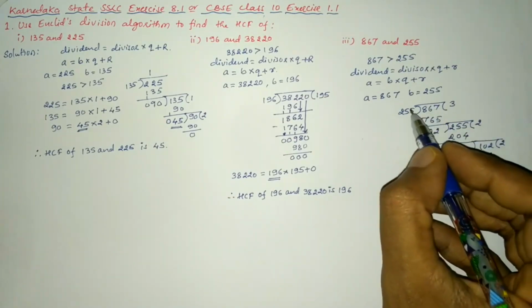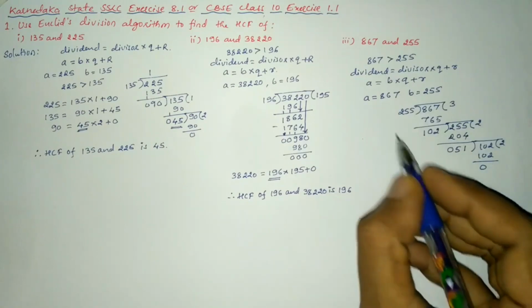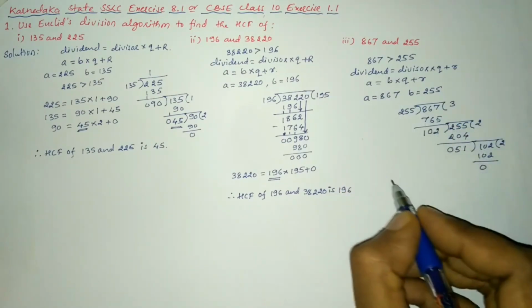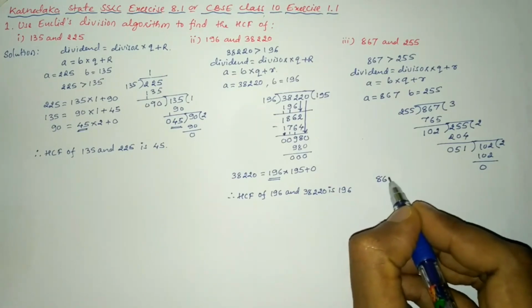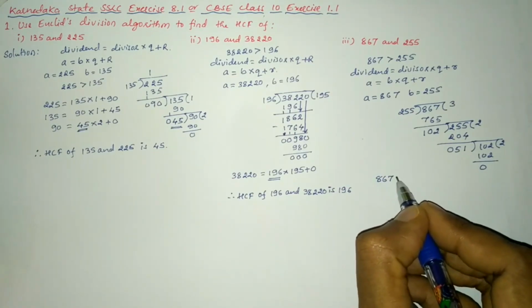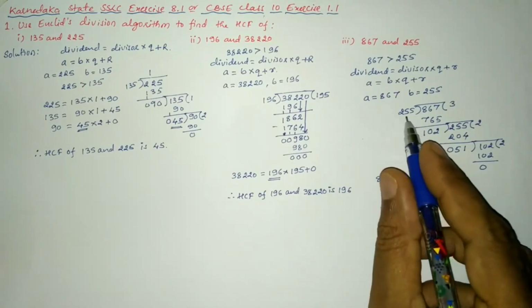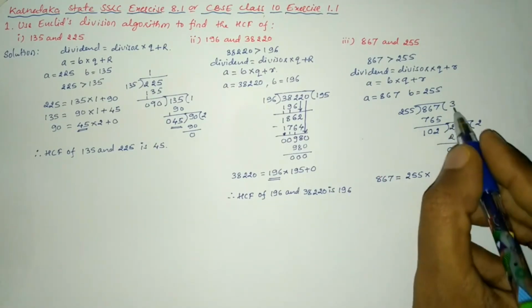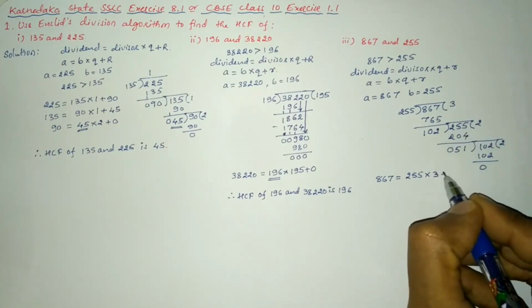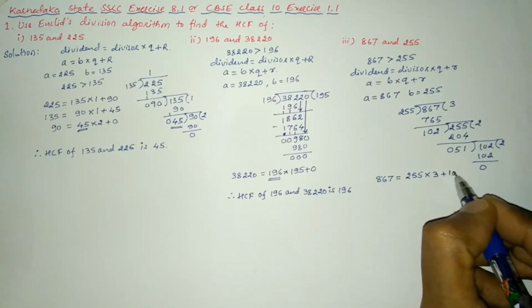So let us write step by step using Euclid's lemma. In the first step, let us take A as 867, which is equal to B, 255, into the quotient 3 plus remainder 102.